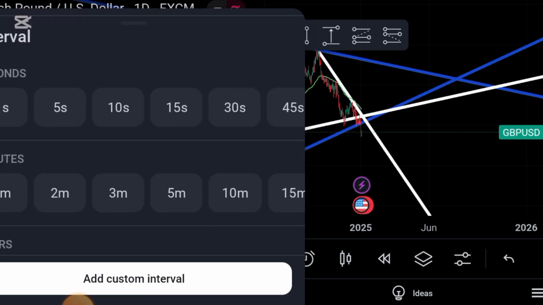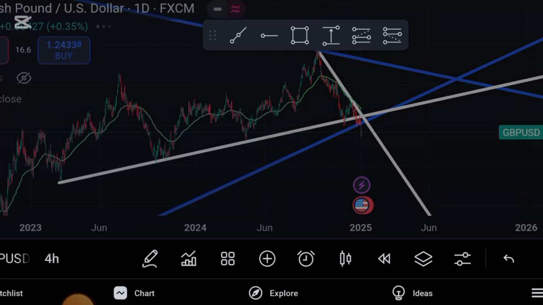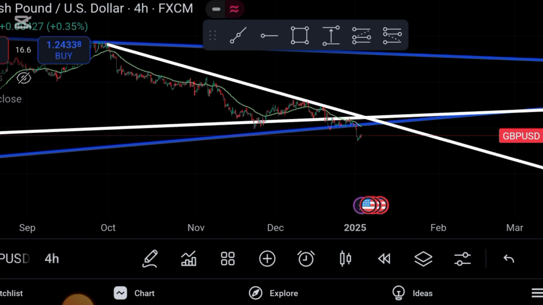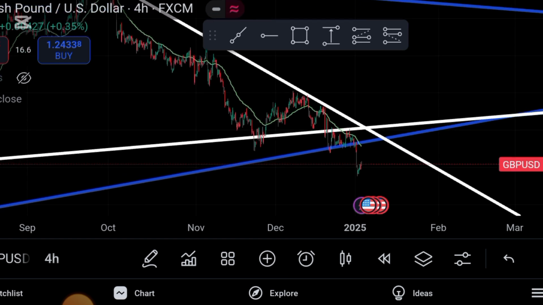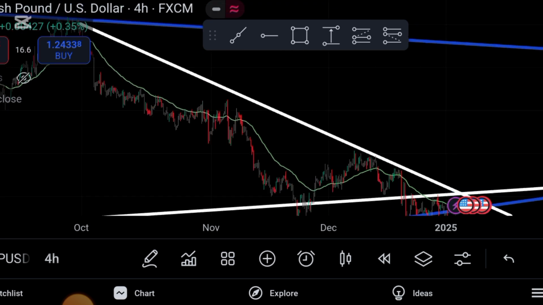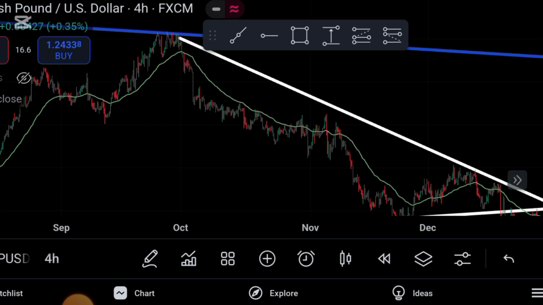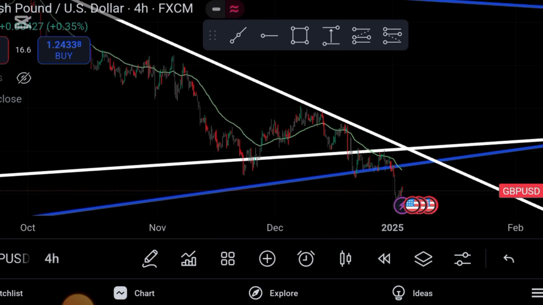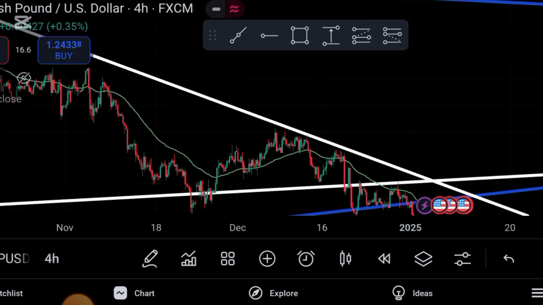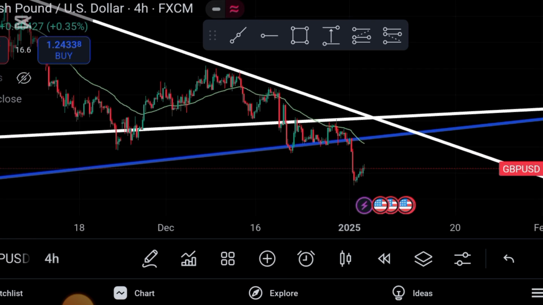Now, when it comes to my 4-hour chart, we're looking for the most recent price action. When it comes to the most recent price action on this one, let's just open this up properly.